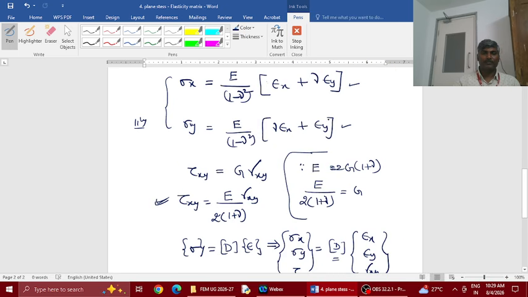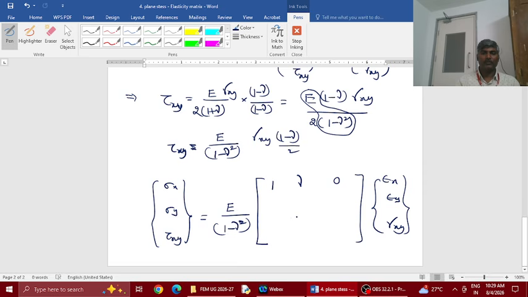The second equation is nu into epsilon x plus 1 into epsilon y: the row is nu, 1, 0, no shear term. For the last one, epsilon x 0, epsilon y 0, and gamma xy with the remaining term 1 minus nu by 2. So this is what is called the D matrix, or elasticity matrix, or constitutive matrix.